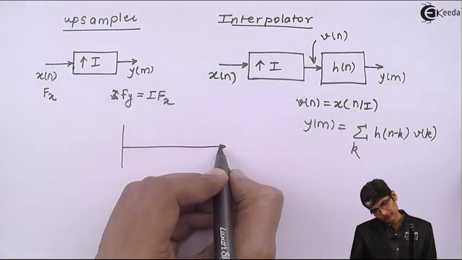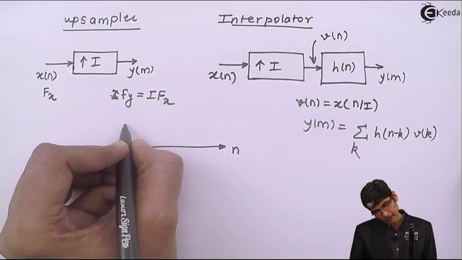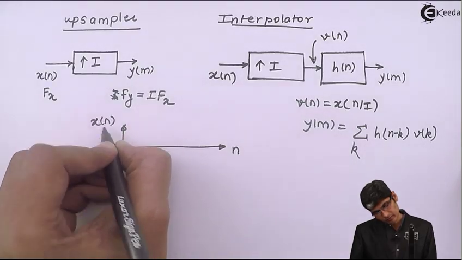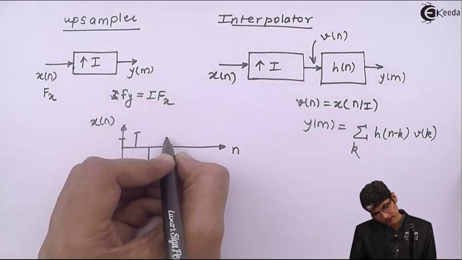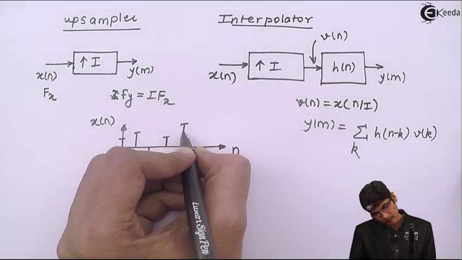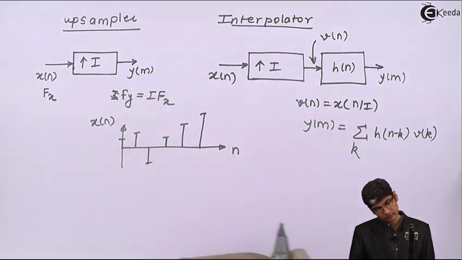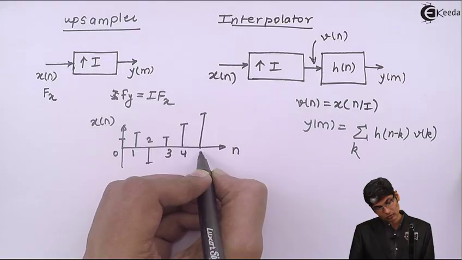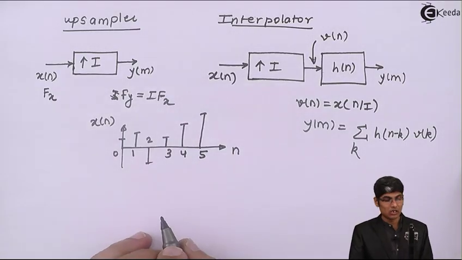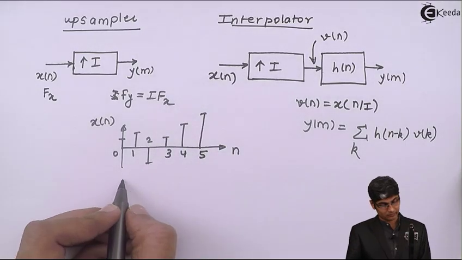If I have here my x of n as a function of n, and I draw a random sequence, I am very much interested in the time instances, so let us write the time instances. I have 5 time instances.